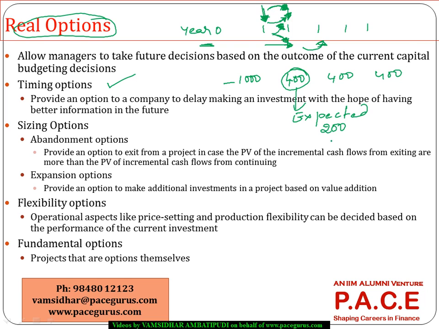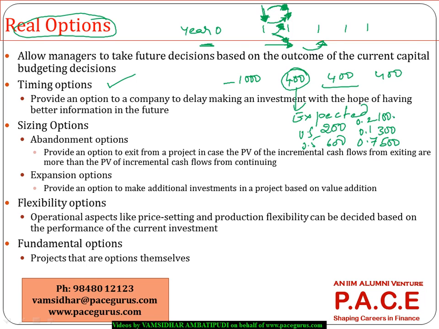It can either go to 200 or 600 with equal probabilities, or this can go to 100 or 300 or 500, probably with this with a probability of 70%, and probably this with a probability of 20 and this with a probability of 10.